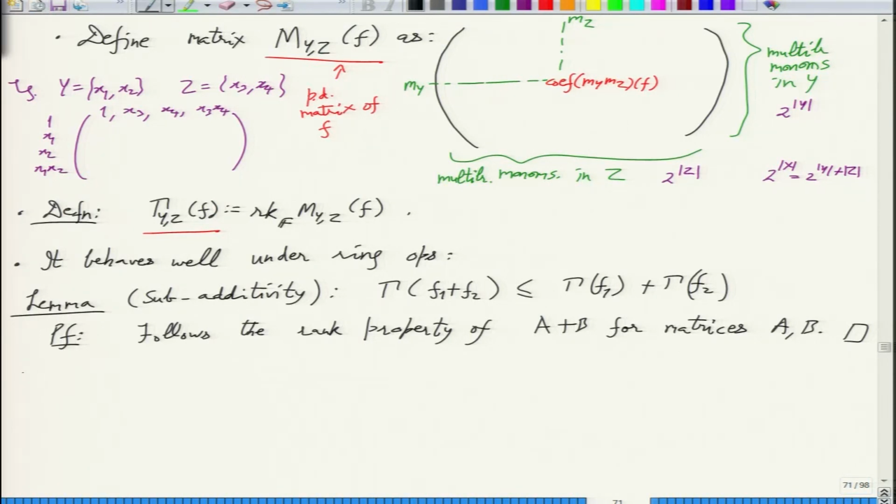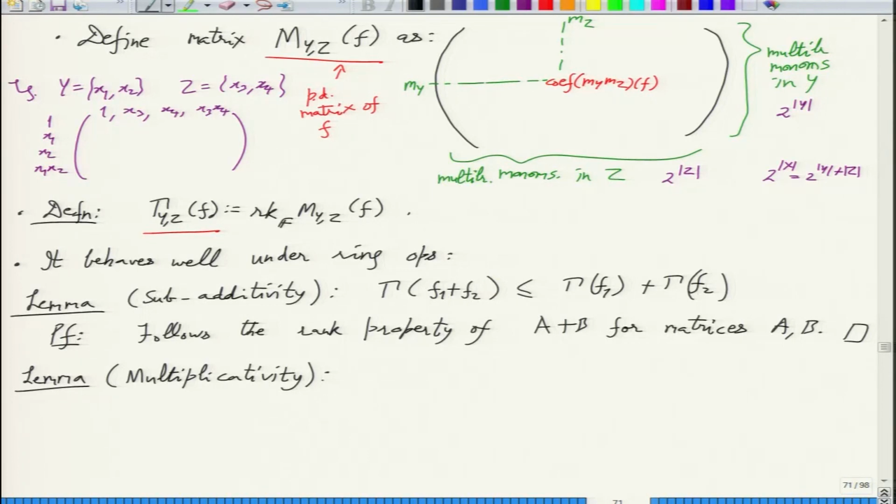And second is multiplicativity. This will be tricky. Here we want to look at gamma of f1 times f2, but we'll have some assumptions, which is that f1 and f2 have disjoint variables.